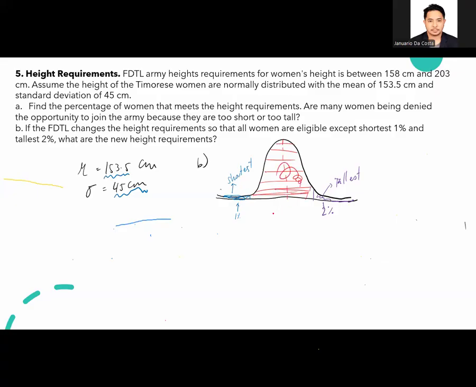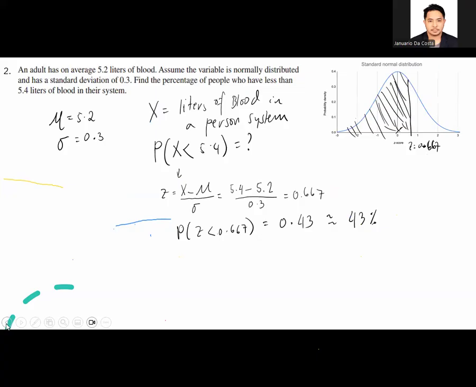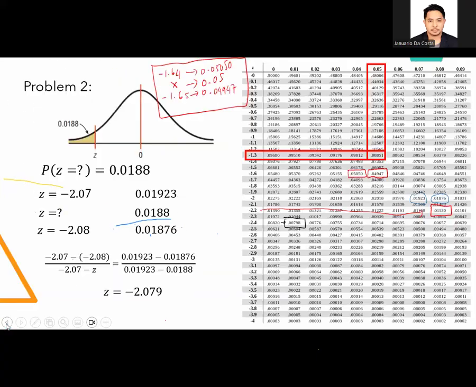Now, we need the z-score corresponding to that. So what is the z-score corresponding to the area of 0.01? Go to the table and look at 0.01. The closest is 0.0099, corresponding to z equal to negative 2.33.